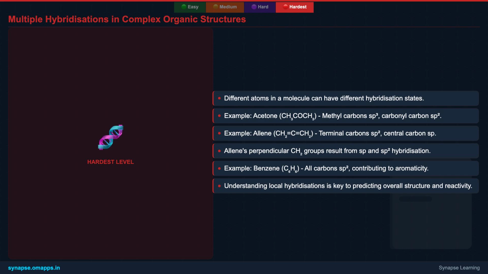However, the central carbon is sp hybridized, forming two C=C double bonds, which are 2 sigma bonds in total, again with no lone pairs. This combination results in a unique structure where the two terminal CH₂ groups are perpendicular to each other.